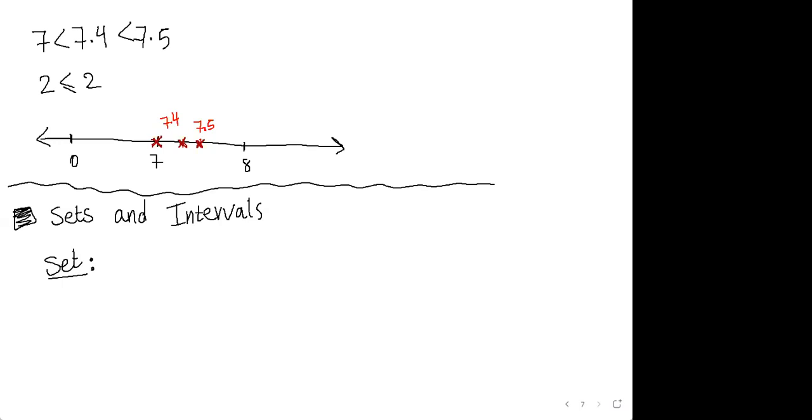Like, for some objects, say a class has students, so our class is called a set. So a set is a collection of objects.